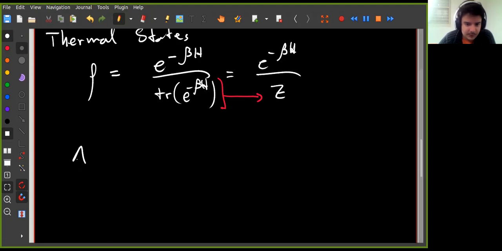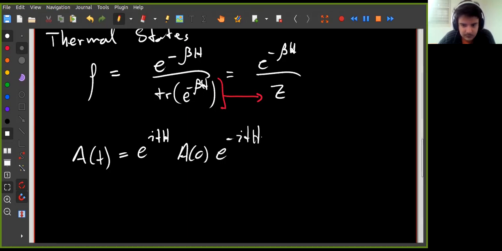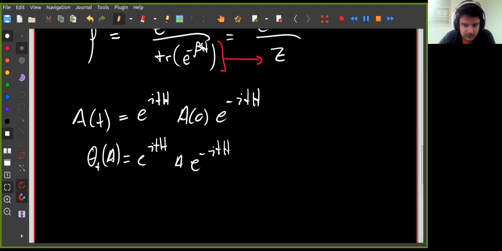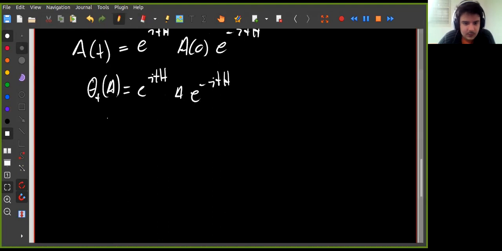And in regular quantum mechanics, what you have is that an observable A of t is given by e to the i t H A0 e to the minus i t H, which we could also denote as being the evolution of A equals e to the i t H A e to the minus i t H. Now we're going to work with this when we're talking about thermal states.